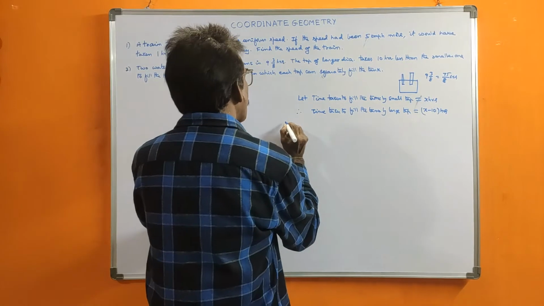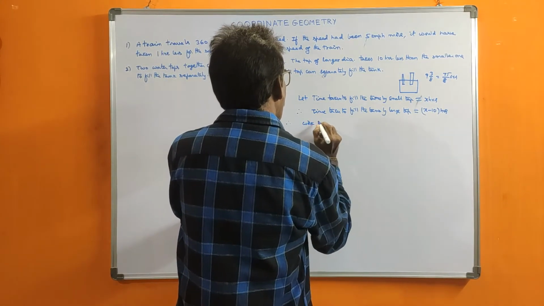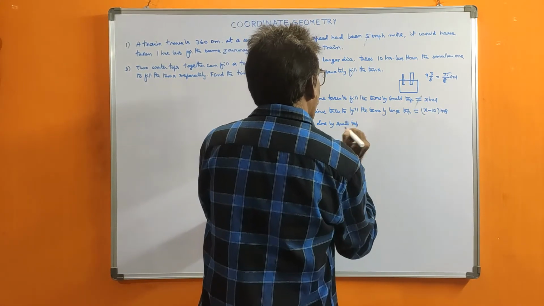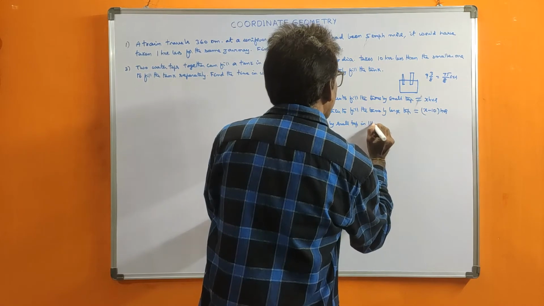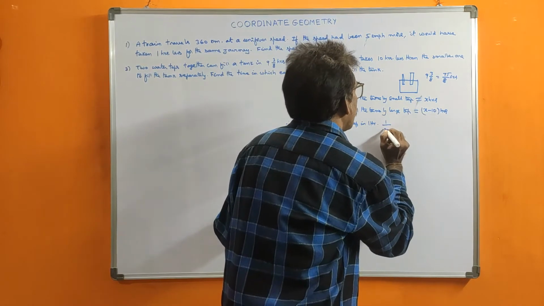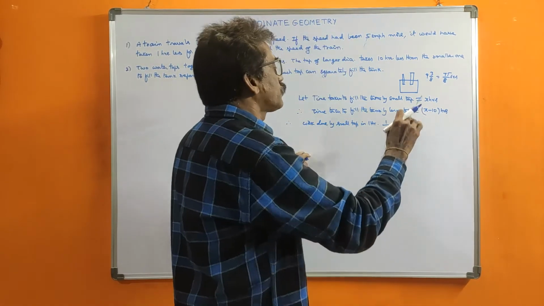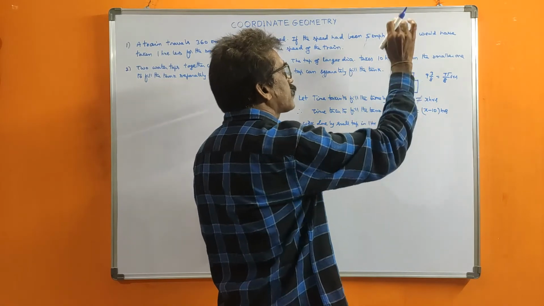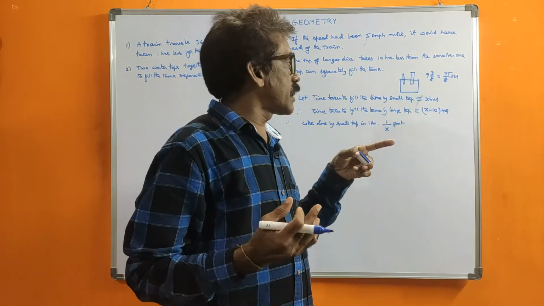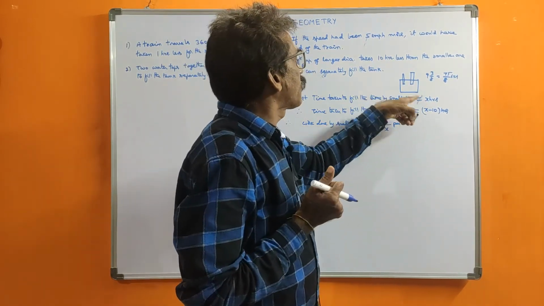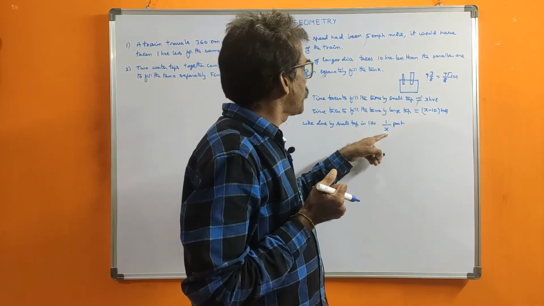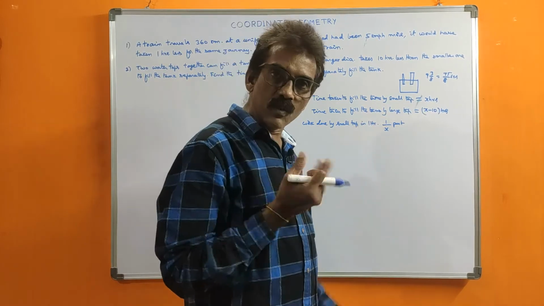Therefore, work done by the small tap in 1 hour: the full tank takes x hours, so in 1 hour it does 1 by x part. For each hour 1 by x part, next hour 2 by x, then 3 by x, 4 by x, 5 by x, like that x by x means full finish.